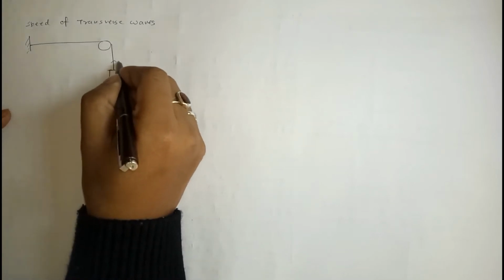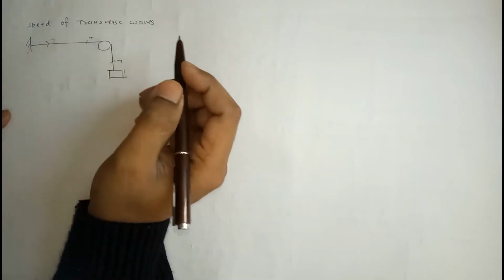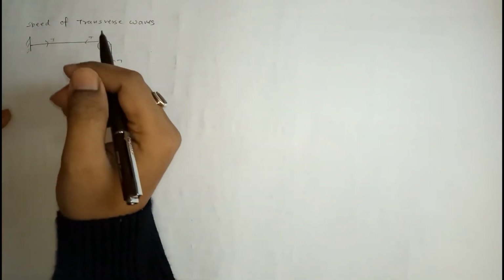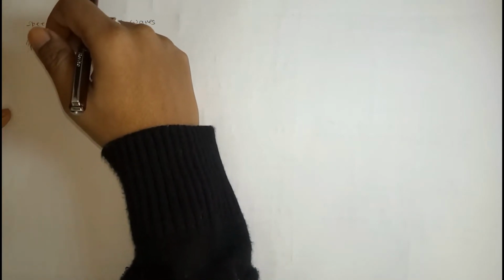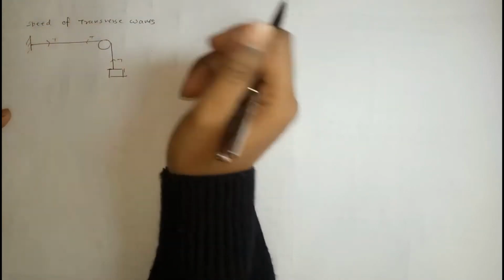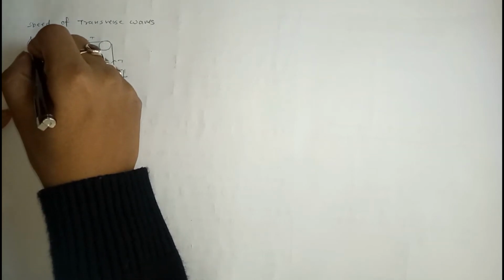Now this is the direction of tension. As we know, the tension is away from the fixed point, or the point where it is attached.